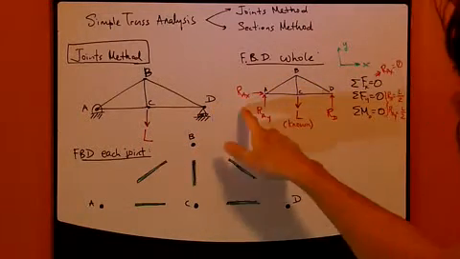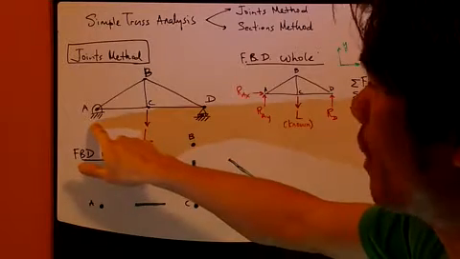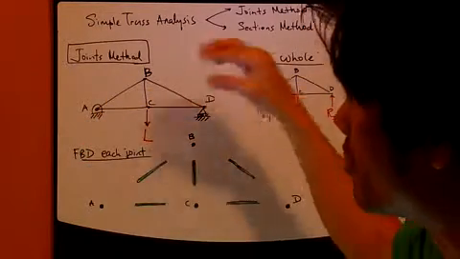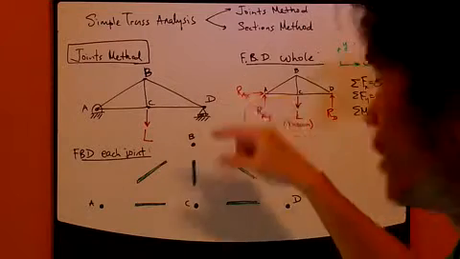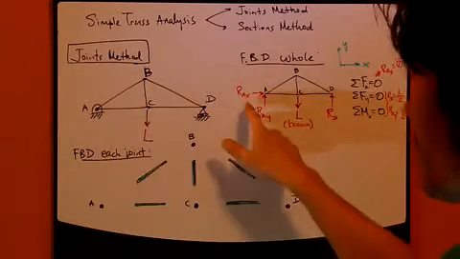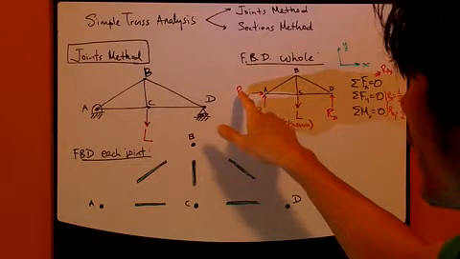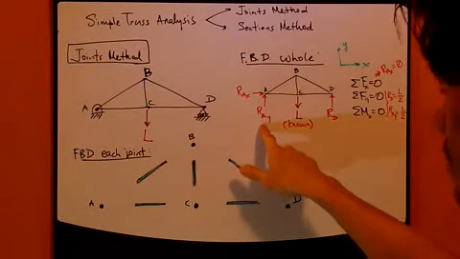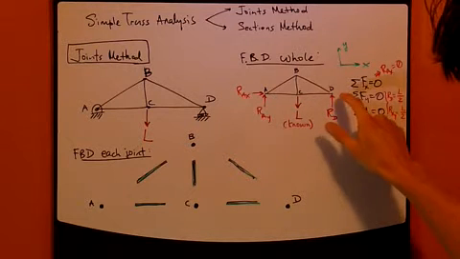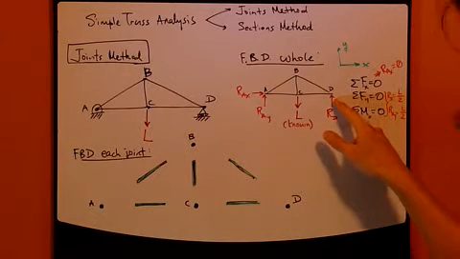Since I have two-dimensional constraint, I don't allow this joint A to move in either X or Y direction, so there will be reaction forces at this support. So RAX and RAY are the reaction forces. I have this load right here, of course, and I have the reaction force at D.